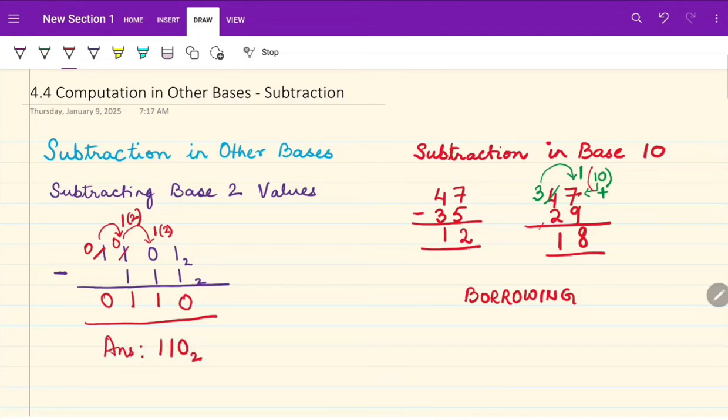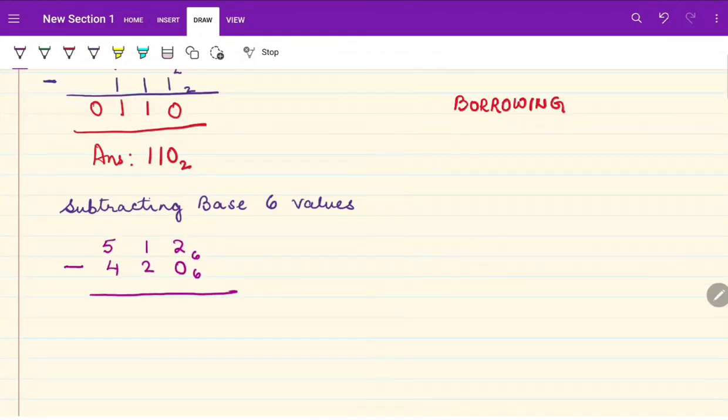All right, so this is how we will go about working on subtraction with other bases also. So I'm going to work on 2 more examples in 2 different bases, right? Now here's an example of subtracting base 6 numbers.